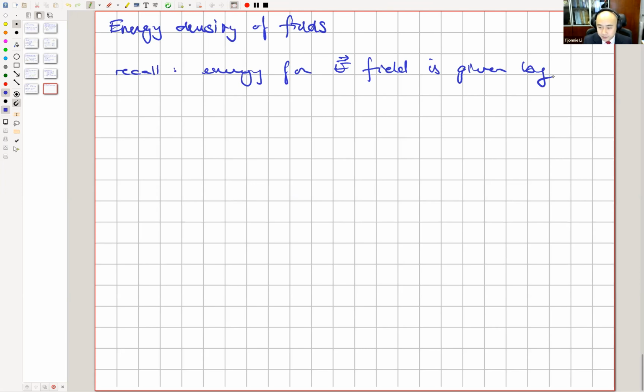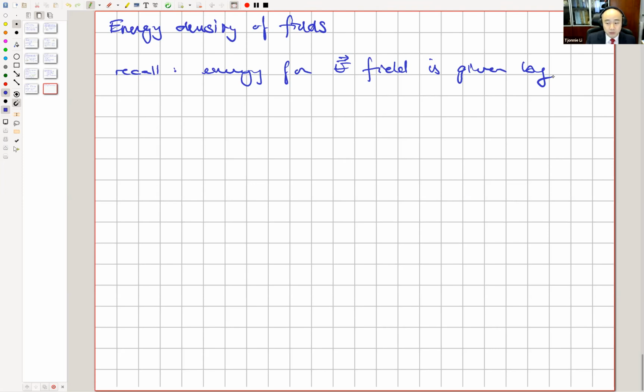Anyone remember? We discussed this in the context of bringing charges from infinity to create a particular charge distribution. But instead of actually looking at the charge distribution, we consider the electric field, and we end up deriving a formula for the electric field.